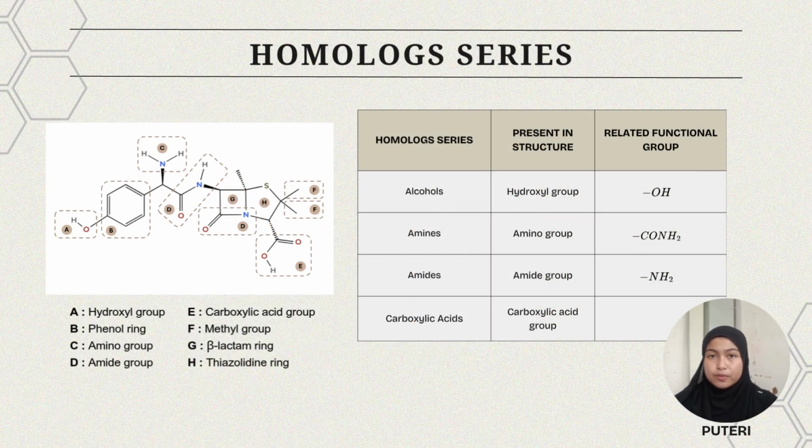These functional groups allow amoxicillin to be classified into several homologous series, such as alcohols due to the presence of a hydroxyl group, amines because it contains an amino group, amides from the amide functional group, and carboxylic acids due to the carboxylic acid group.